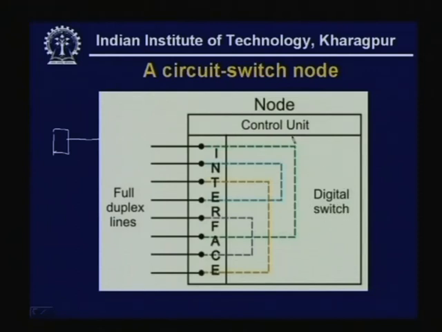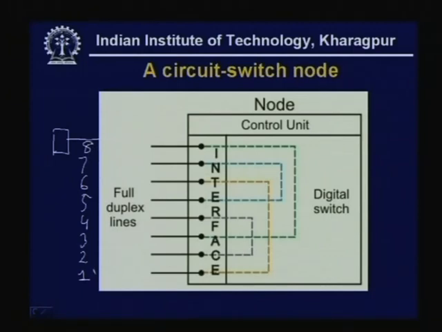So, the control unit controls this digital switch, with the help of which the interface can link lines. For example, in this case, this is 1, this is 2, 3, 4, 5, 6, 7 and 8.